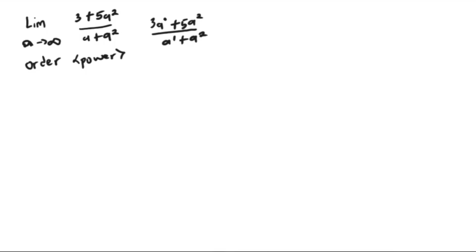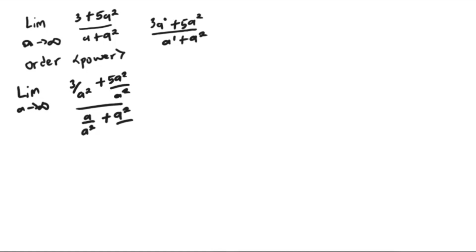So this question will then give us the limit as a tends to infinity of 3 over a squared plus 5a squared divided by a squared, divided by a over a squared plus a squared divided by a squared.